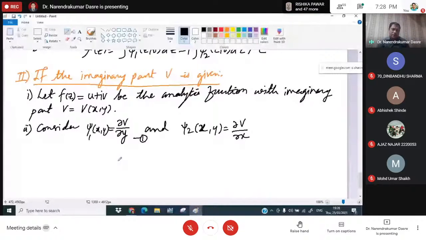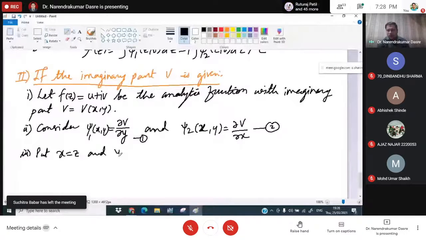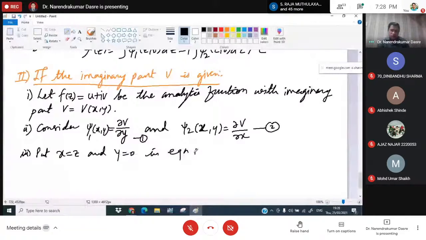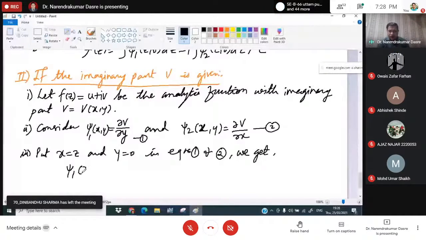Now the next step, which is common because we are using the same method: put x is equal to z and y is equal to 0 in equations 1 and 2. Okay, so we get psi 1 of z0 and psi 2 of z0.